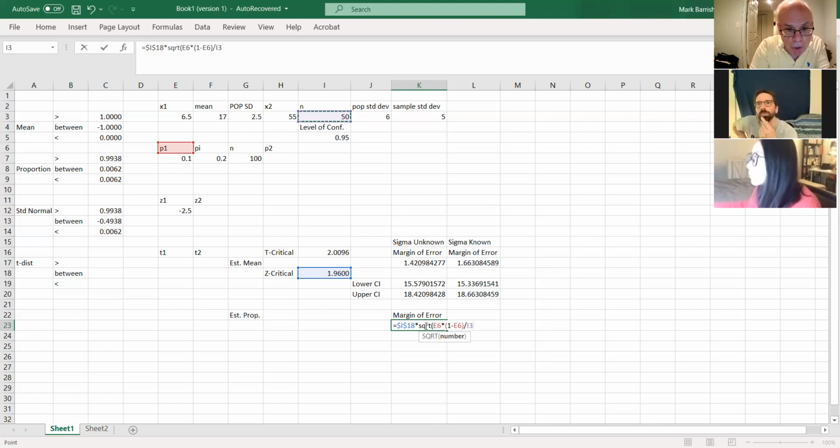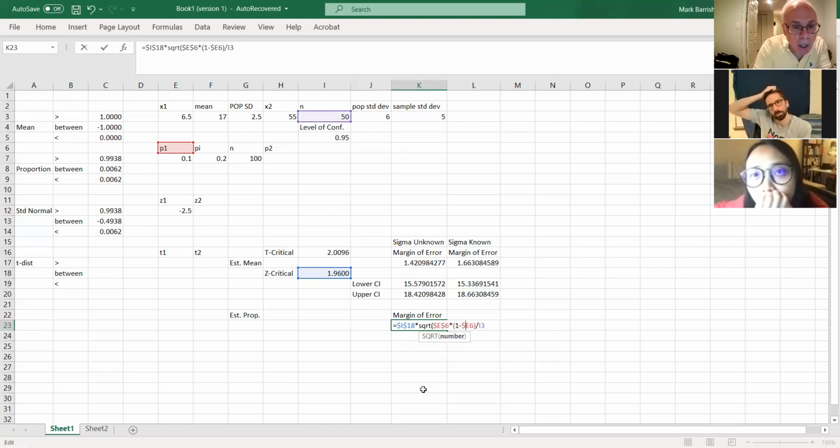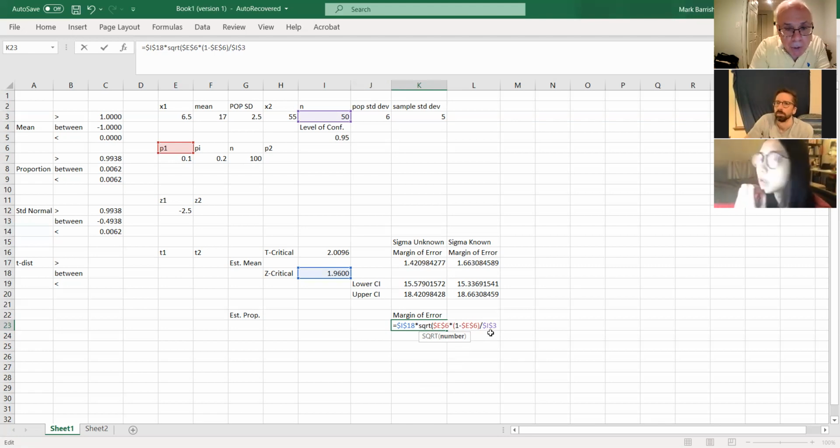Be careful, you're taking the square root of all of it, so don't put square root of that in there. So I'm just going to put the dollar signs around it, and put dollar signs around this, and around this. Close the parentheses. All right, hit enter.